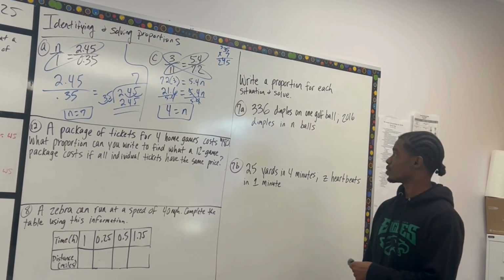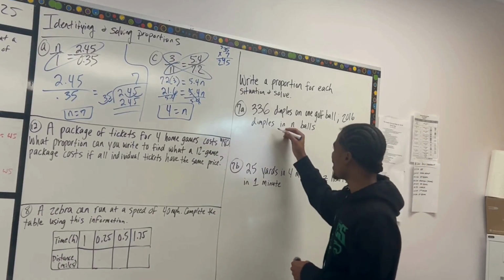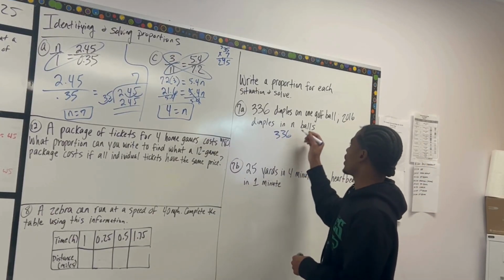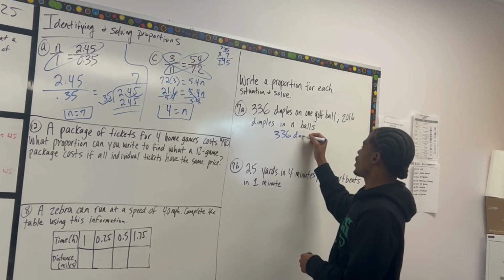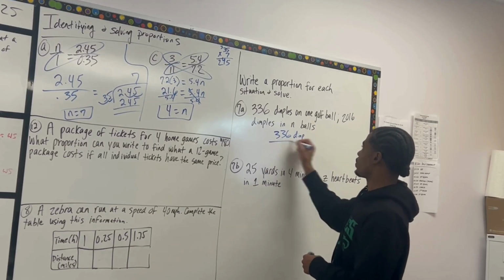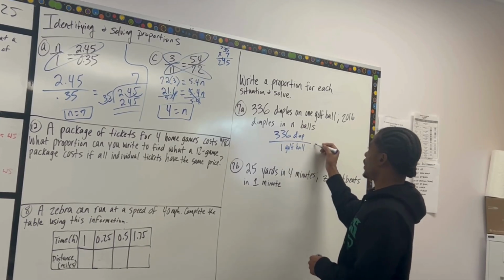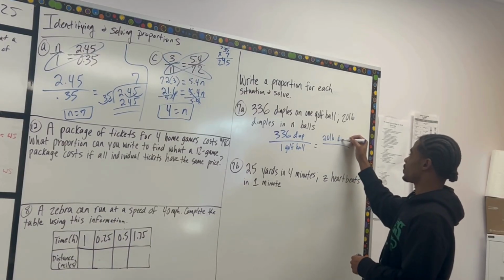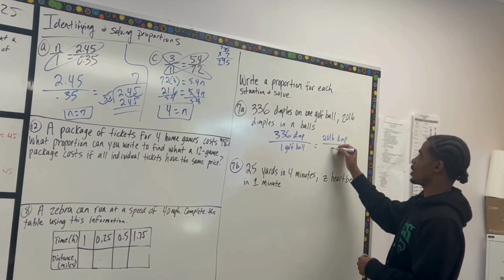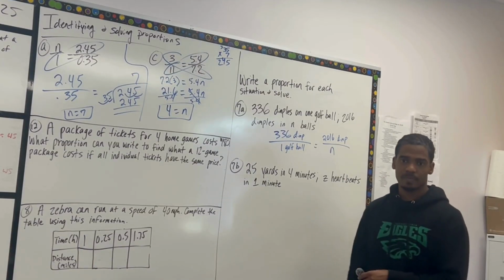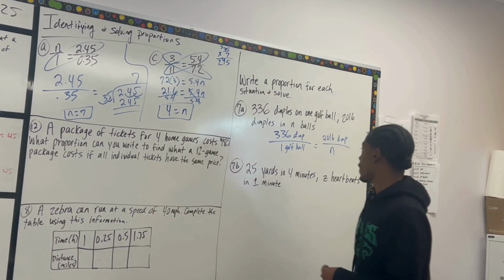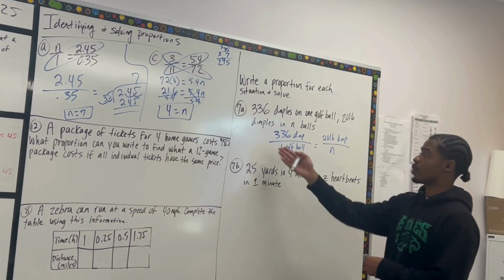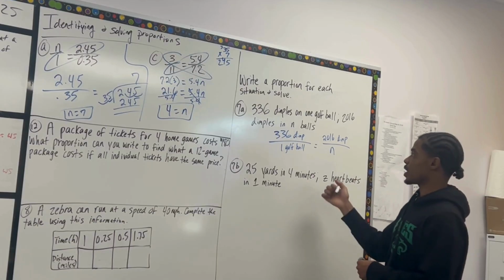Yeah, Ava B. So good. So 336 dimples over one golf ball is equal to 2016, and I just put DIMP for dimples, and then the bottom is n. Good job. So we set up our proportion. Now we just have to solve it.